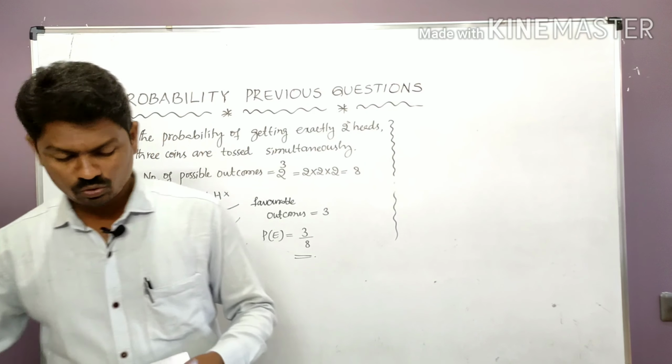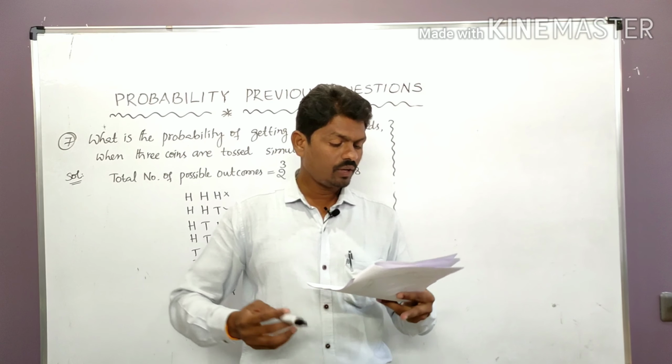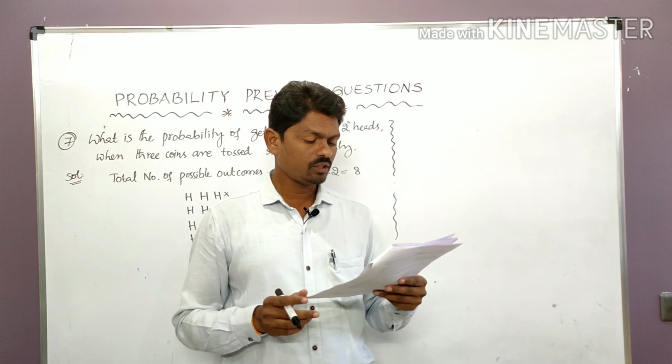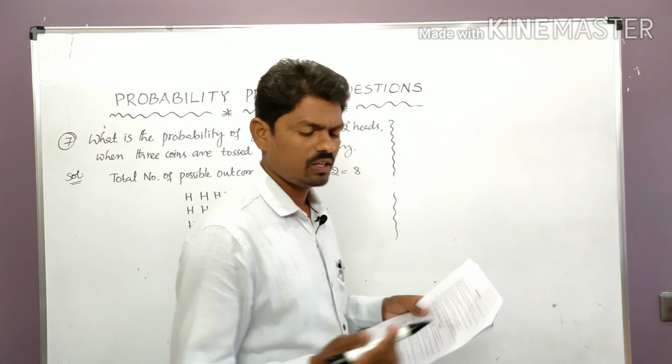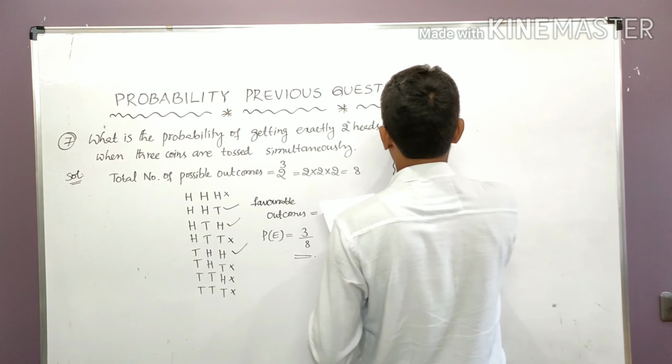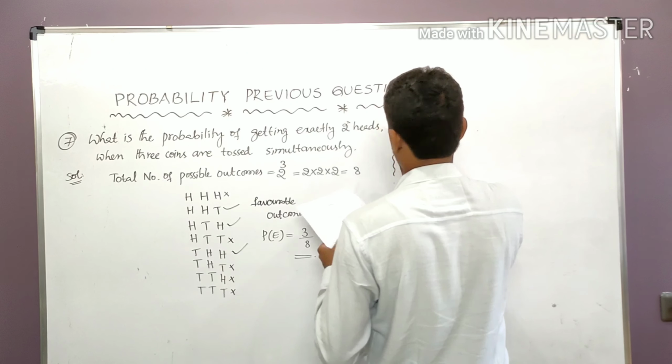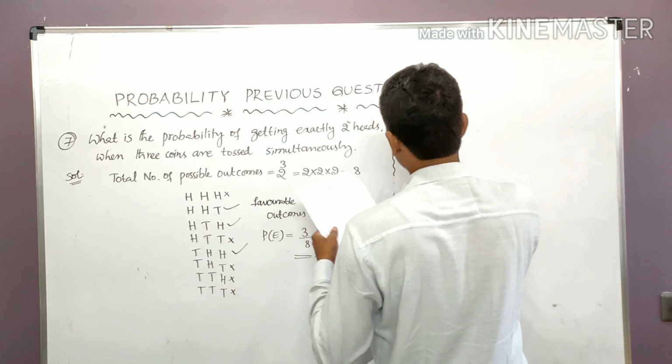So next one more student, when a die is rolled, find the probability of getting an odd prime number. Very easy student, directly we can write the answer.